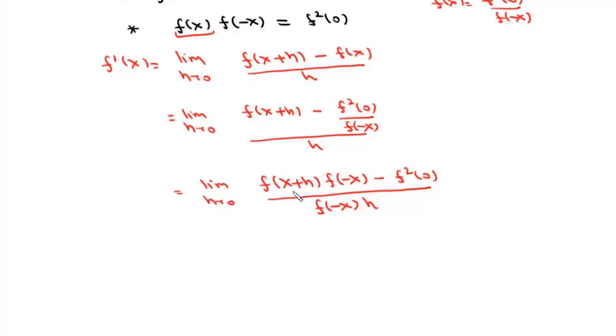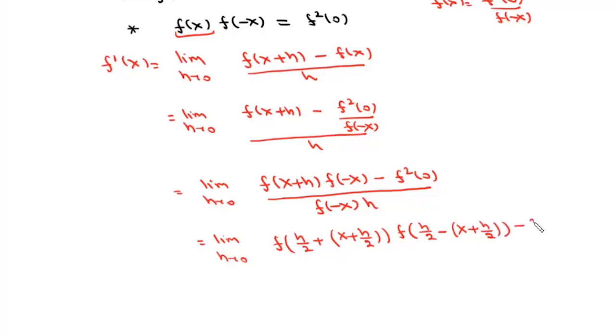Now somehow we have to express it as x plus y and x minus y. So what we'll do is we'll write this as this limit h tends to 0, and this is f(h/2 + x + h/2) and here it will be f(h/2 - x + h/2) minus f square 0, whole divided by f(-x) into h.